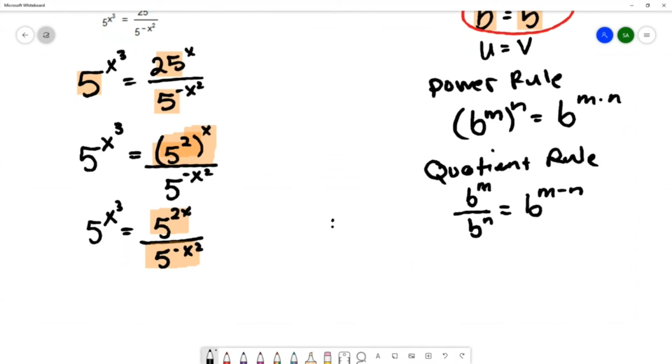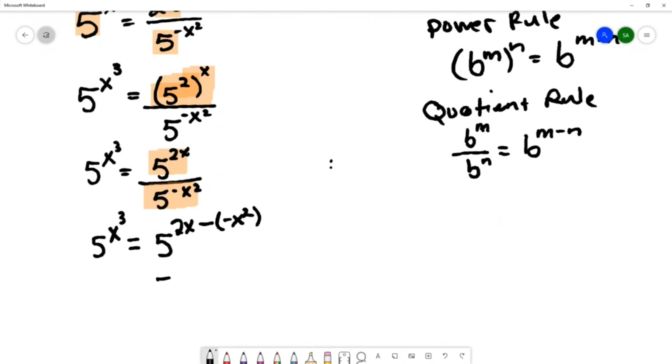On the right-hand side, we notice that we do have the same base, so we can apply the quotient rule to get 5 to the 2x minus negative x squared. Let's simplify that subtraction in the exponent.